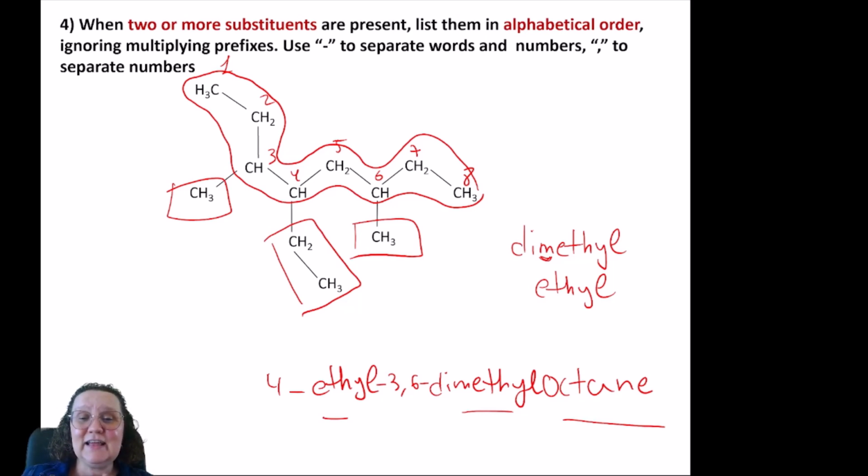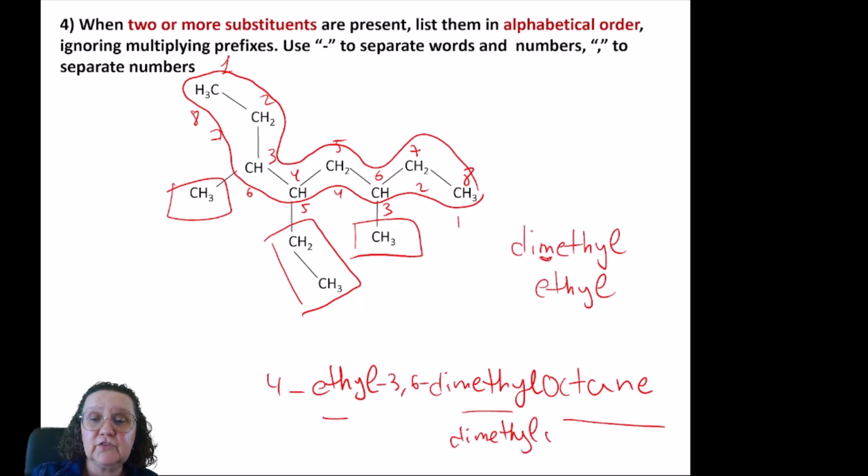And just in case, because I need to give the substituents the lowest possible numbers, I'm going to try numbering the molecule 1, 2, from the other side, 3, 4, 5, 6, 7, and 8. If I use the numbers at the bottom, I still have the dimethyl, the octane and the ethyl group, because those haven't changed, but the numbers might have changed.